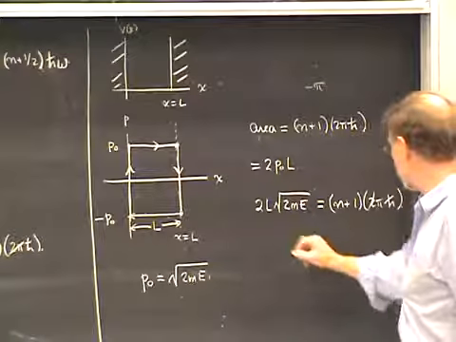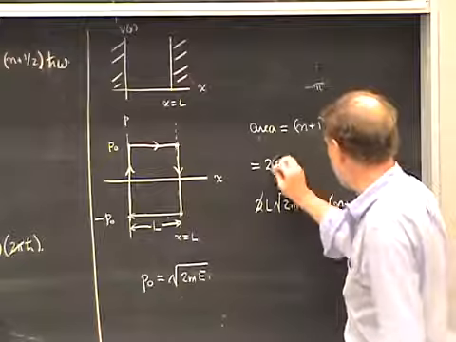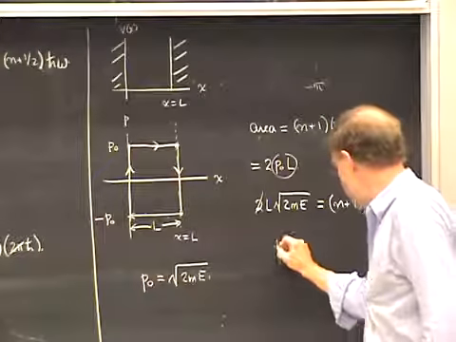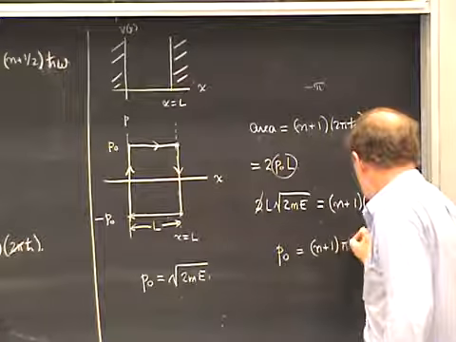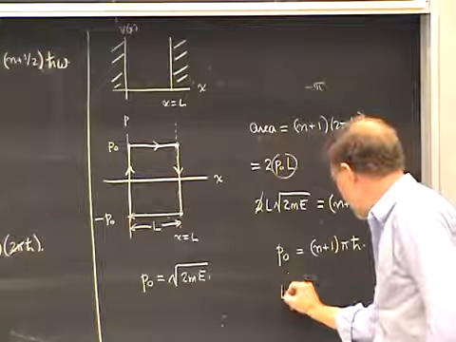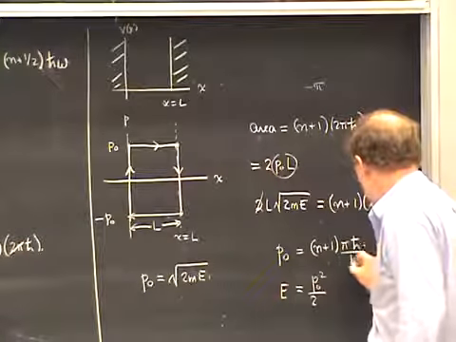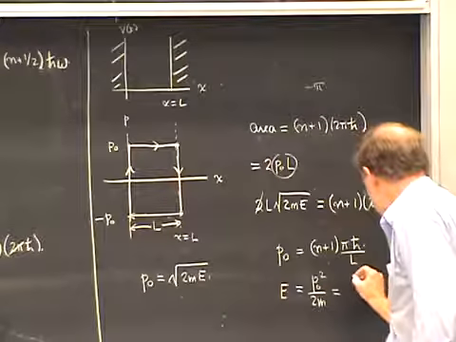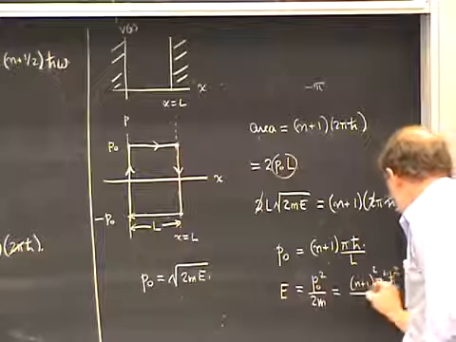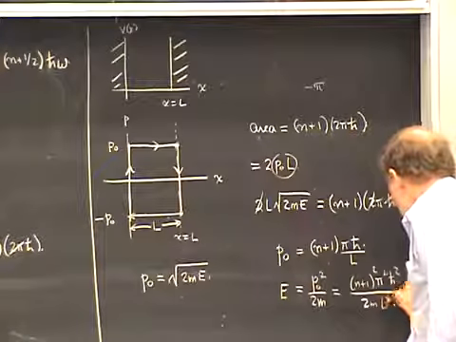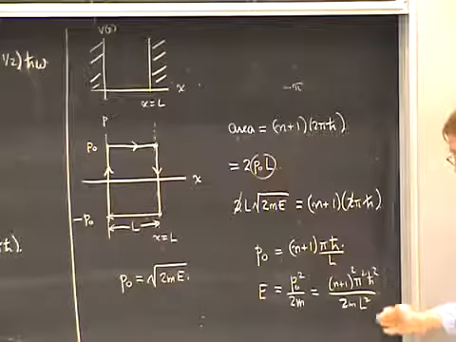And so I'll cancel the 2's here. And maybe I'll leave it in the form of p0 for the time being. If I do that, what we get is that p0 is equal to n plus 1 times pi h bar divided by L. And then we get the energy E is p0 squared over 2m, which is n plus 1 squared, pi squared, h bar squared over 2m L squared, which you recognize as being the correct formula for the energy levels of the particle in the box.